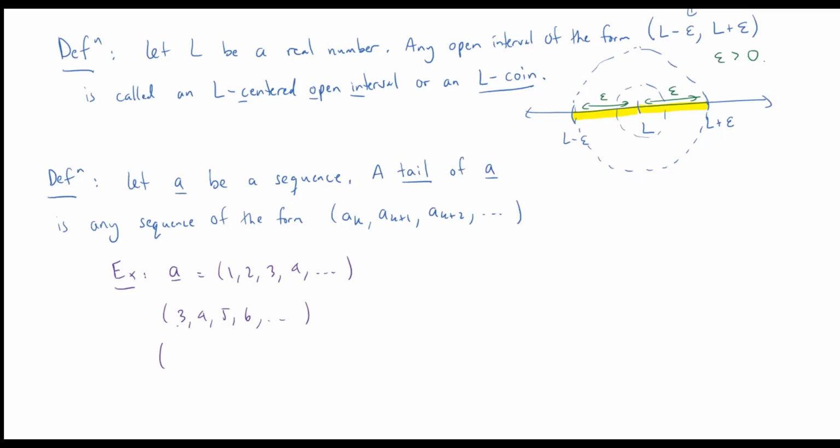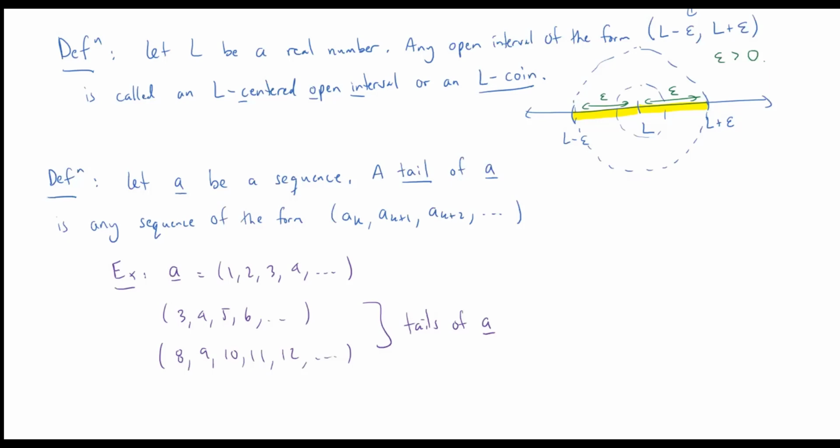Or if I started at 8, 9, 10, 11, 12, etc. These are tails of A. So think of the sequence going off to the right, that's your tail. If you just cut off the head, the first bit, it's a tail.